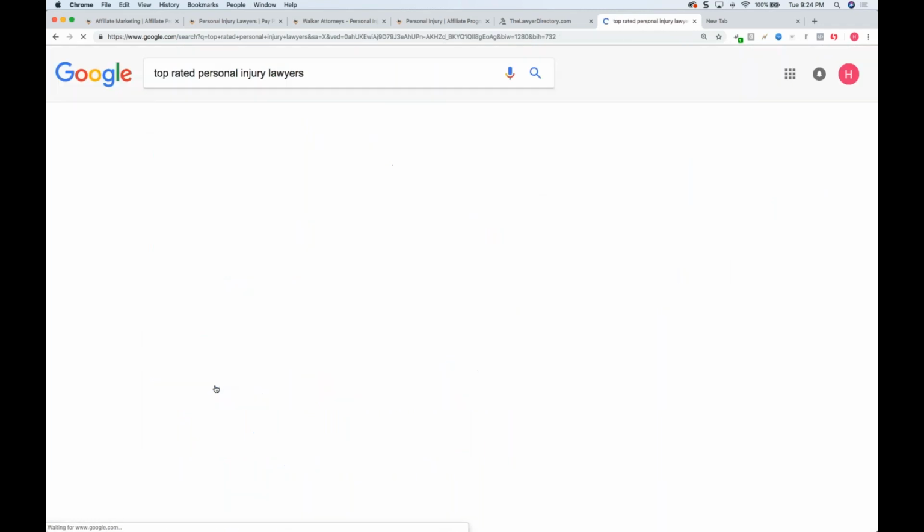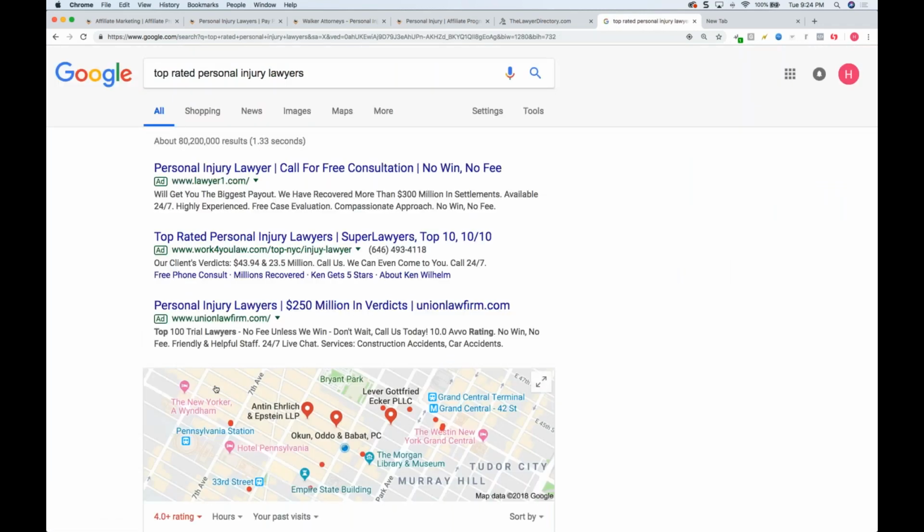So when we talk about the long tail of search, it's how we drill down deep into a niche market, and that's really where we find the biggest profit potential and return on investment for a few reasons. One, it tends to be less competitive as we drill into the long tail.